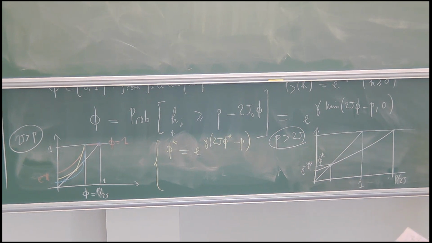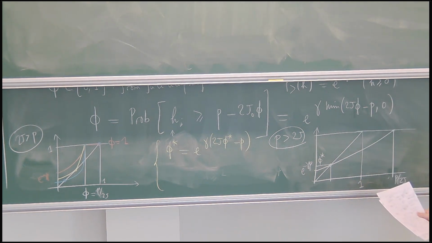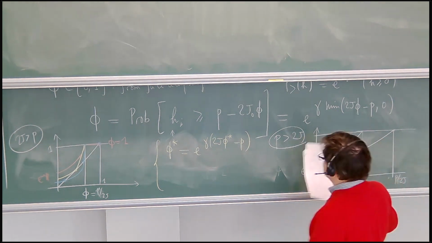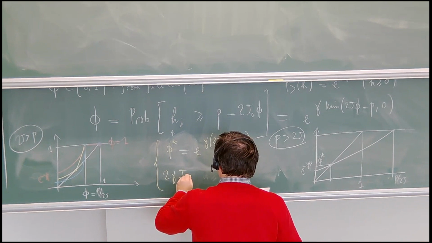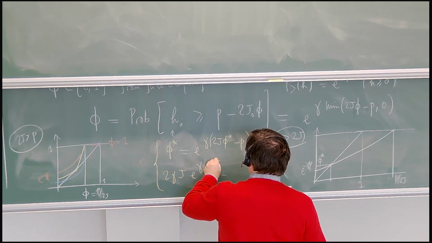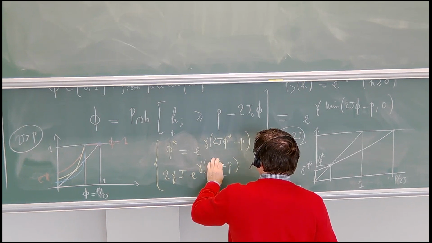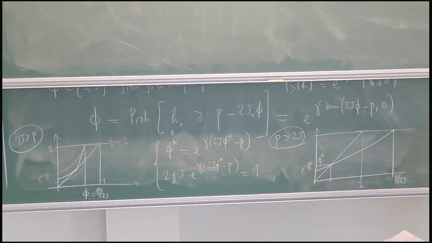And the second condition is that the slope of this function at this point is equal to 1. And the slope of the function is 2 gamma J exponential of gamma 2J phi star minus P, which is equal to 1. Okay.